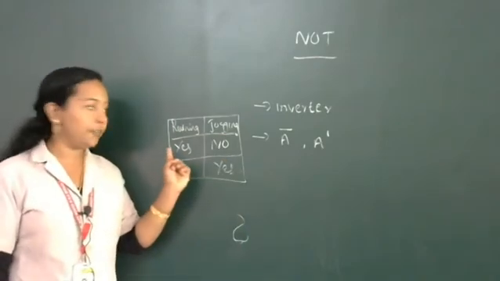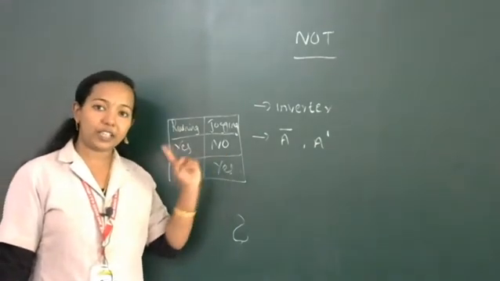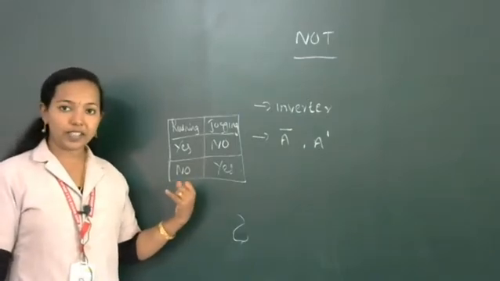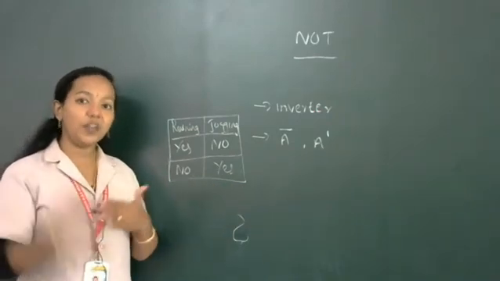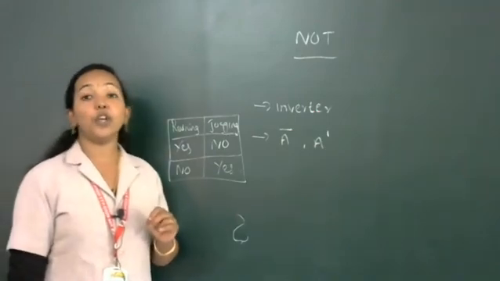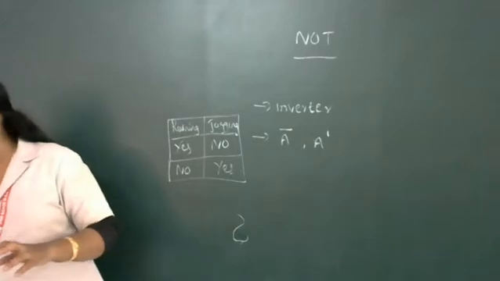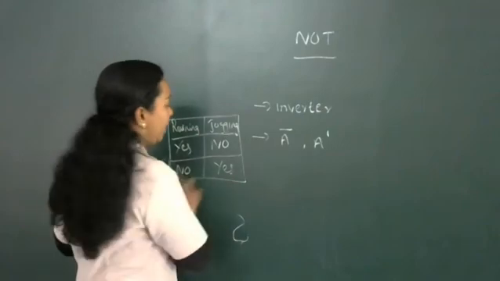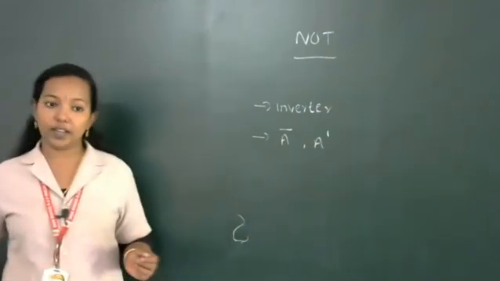Please look at the values. If the first input is yes, then the output will be no. That means just the opposite, it's a complement. For the second one, the input is no, then the output is yes. That means we are converting it into its complement. For that purpose we are using the NOT gate. Clear? So the NOT gate is used to find the complement of a number, and it is also known as an inverter.